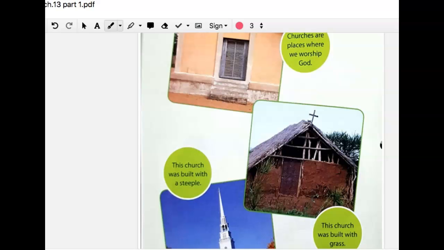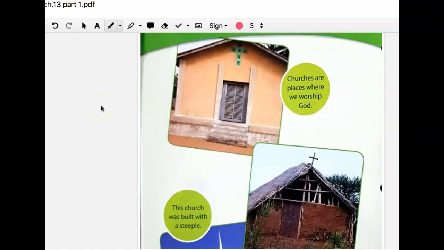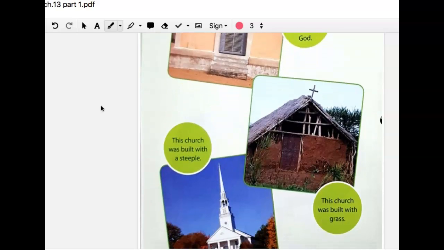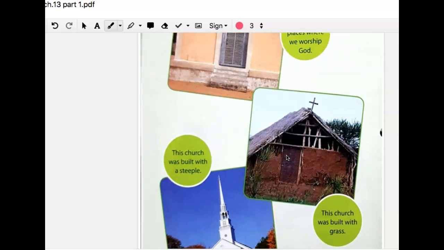Here we have some examples of sentences. Let's read them together. Churches are places where we worship God. This church was built with a steeple. And steeple is this tower. This church was built with grass.